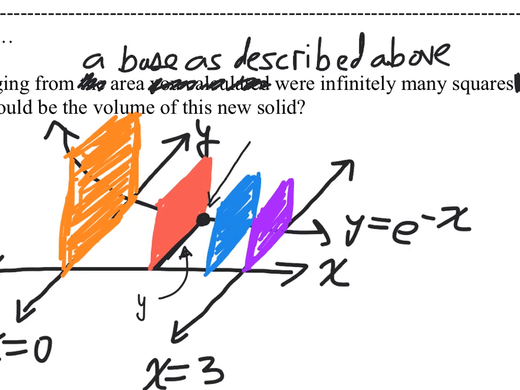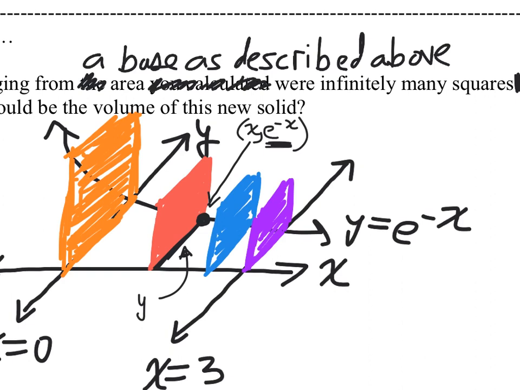That location, I'm going to highlight it, or draw an arrow to it, is x comma y, but specifically x comma e to the negative x. All right, so we know the y value associated with that particular x value. So I now know that this distance, we'll call it y, is really e to the negative x.